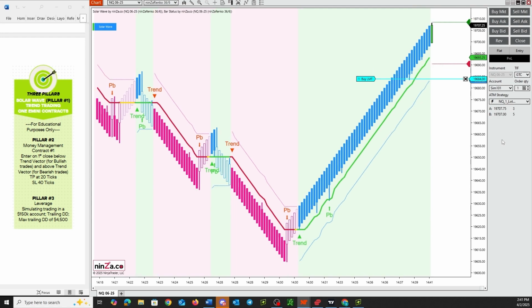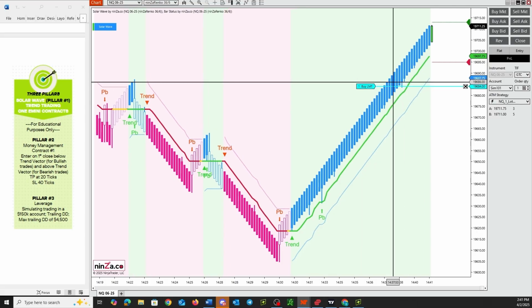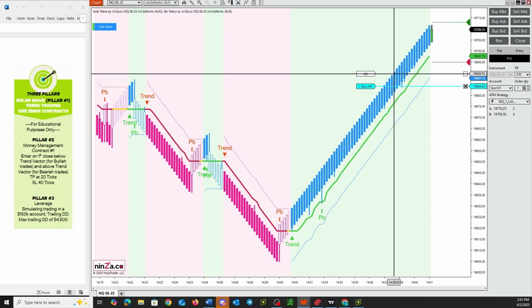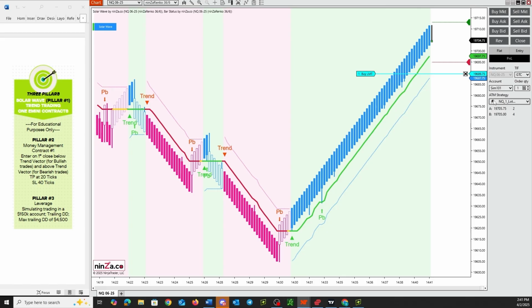This thing is just bizarre today. I mean, how many 100-handle moves has this thing had in one 15-minute bar? 1, 2, 3, maybe 4.